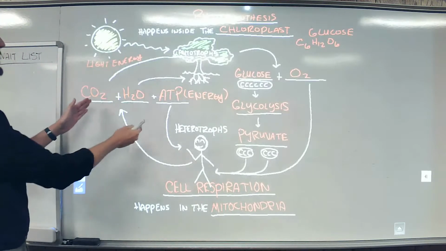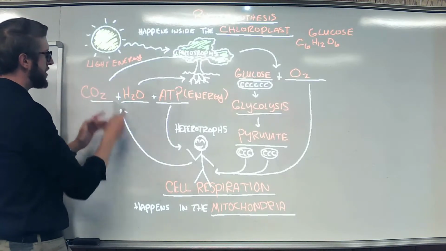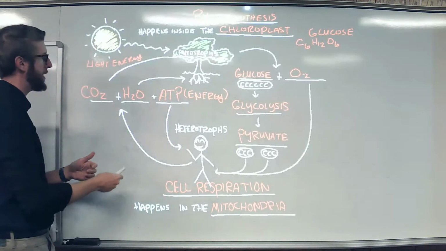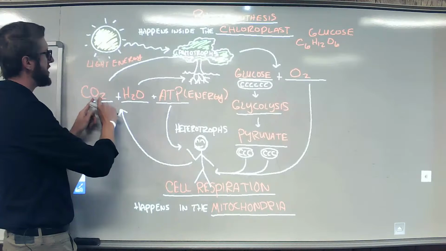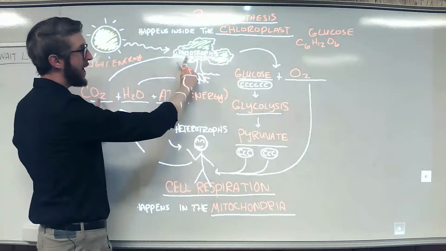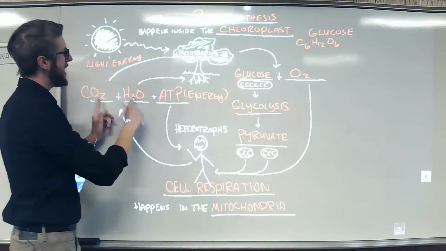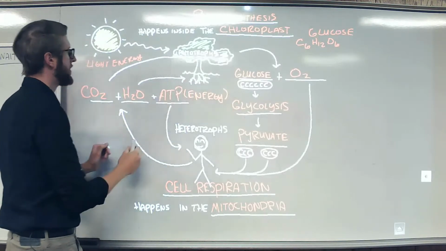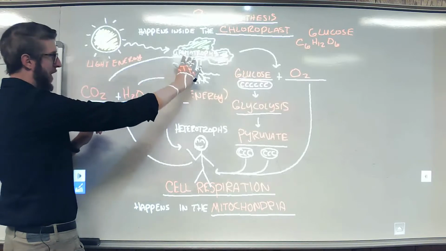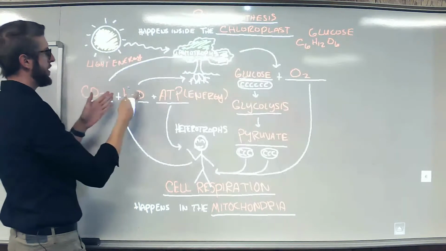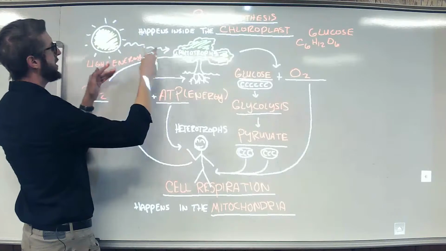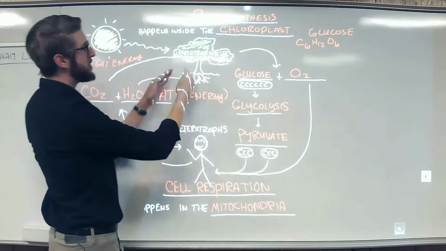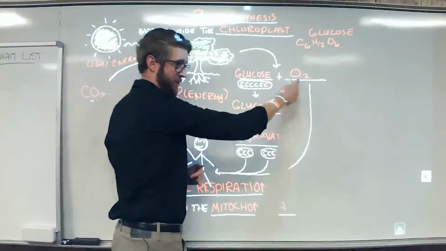Now, when we breathe out CO2 and make excess water and pee it out, well, the CO2 is going to get reabsorbed by the autotrophs. And the water is also going to get reabsorbed by the roots, right? And the autotrophs are going to take the CO2 and the H2O, combine it with light energy from the sun, and use it to make glucose and oxygen.